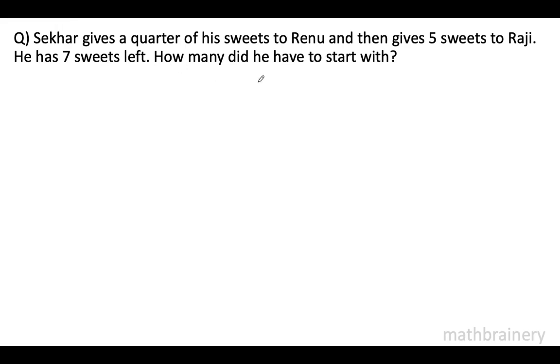Shekhar gives a quarter of his sweets to Renu and then gives 5 sweets to Raji, and he has 7 sweets left. How many did he have to start with?